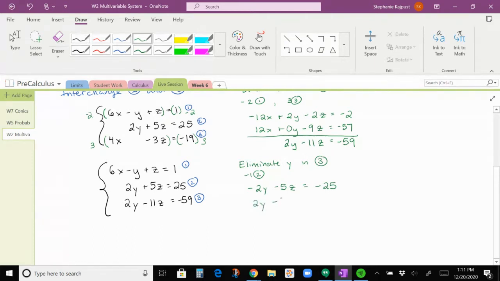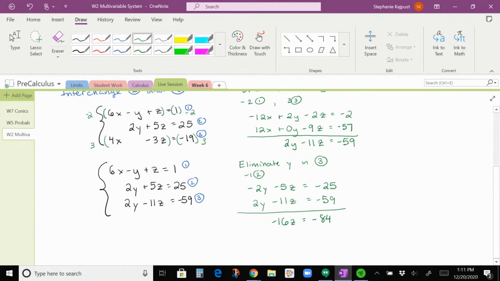And then we have 2y minus 11z equals -59. So -2y plus 2y is 0. Negative 5 minus 11 is negative 16z. And then pulling out my calculator again, just to make sure I do that math correctly, we get negative 84 on the right.